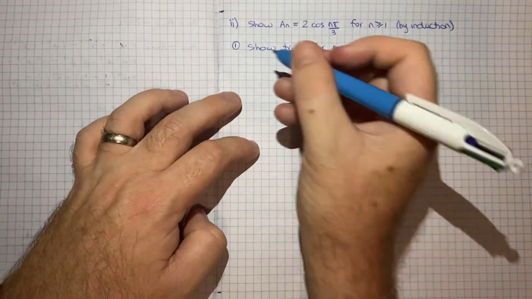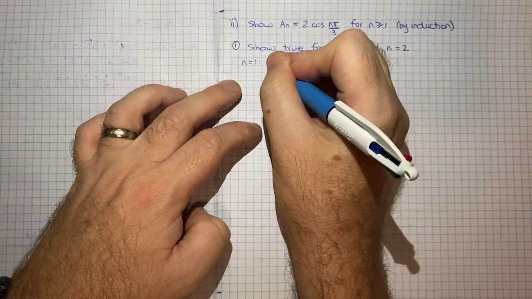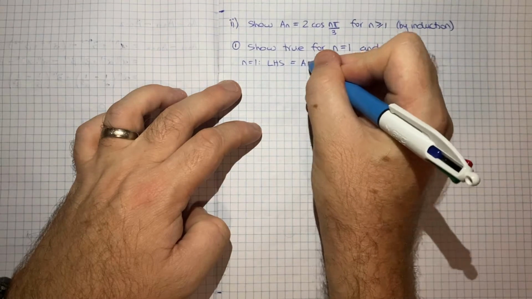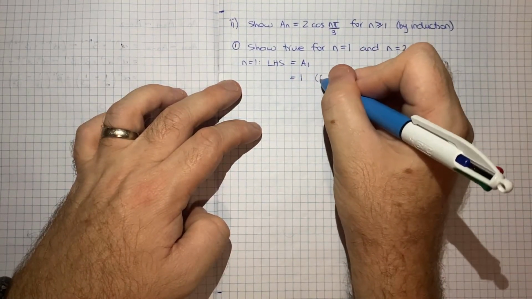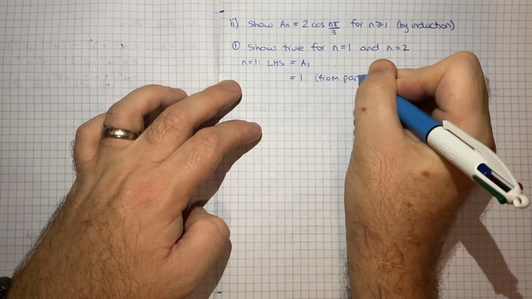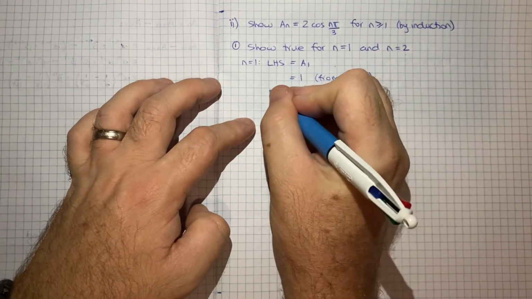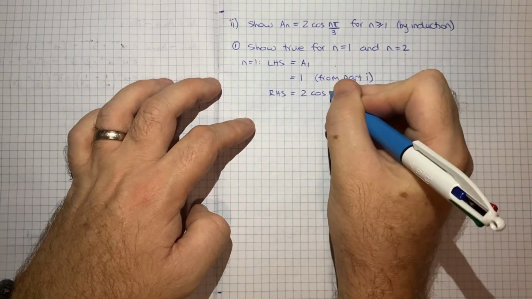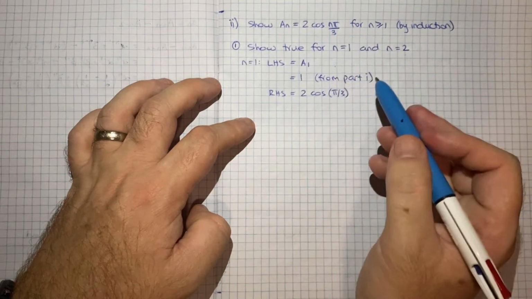Alright, so let's start with n is equal to 1. So the left hand side of that would be equal to a1. And from part 1, we showed that that was 1. So we can see why we were asked to do that for part 1. The right hand side would be 2 cos pi on 3, because n is equal to 1.